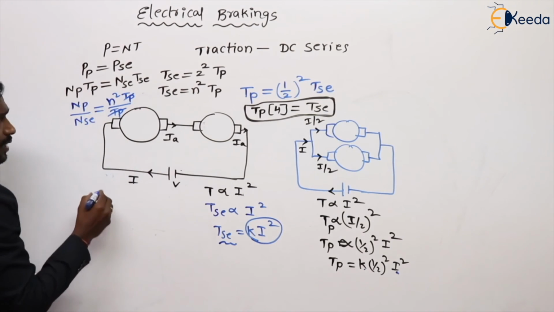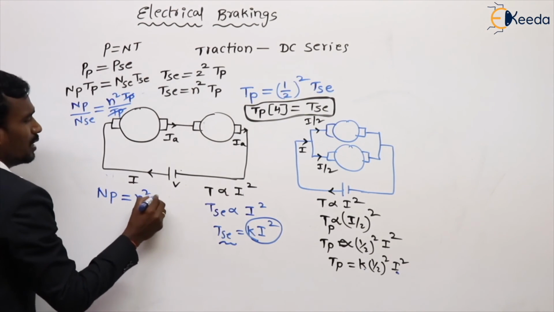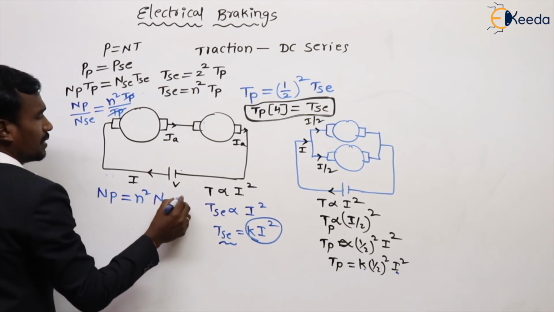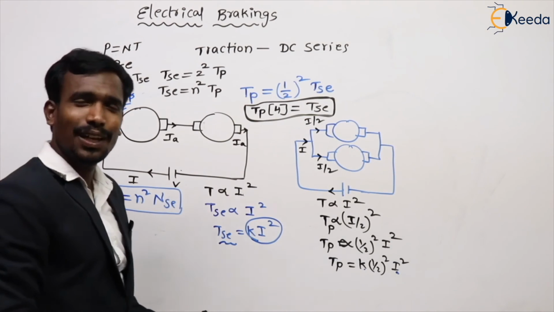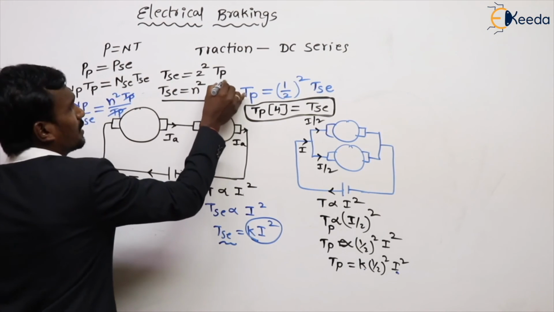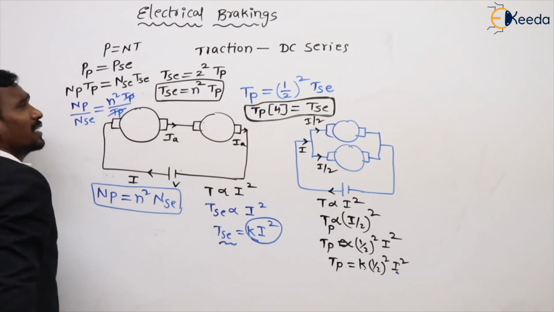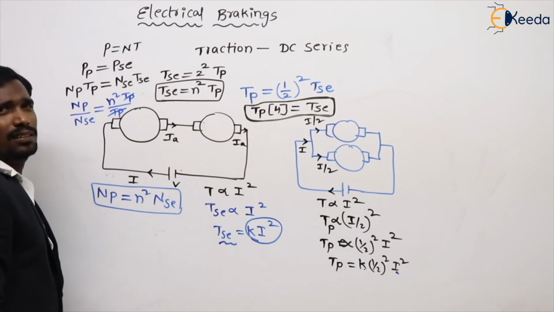TP gets cancelled. So the speed in parallel connection is equal to n² times the speed in series connection. Are you getting it or not? What I said is that the torque in series is equal to n² times the torque in parallel.